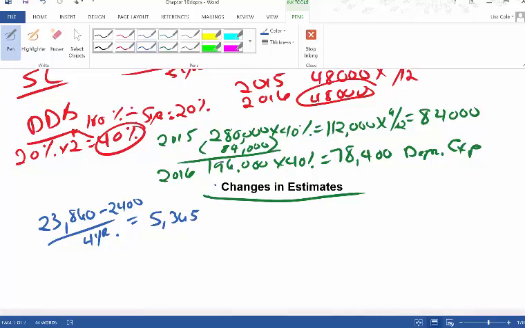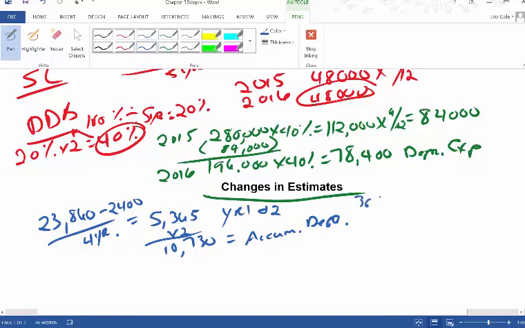So in year 3, we come up with a change in estimate. So after 2 years of depreciation, in year 1 and year 2, I took $5,365 of depreciation. So I took 2 years of that. And so the depreciation I've taken on the asset is $10,730, and that represents my accumulated depreciation. And so in the 3rd year, they come up with some new estimates.